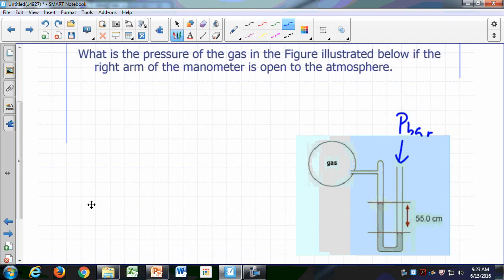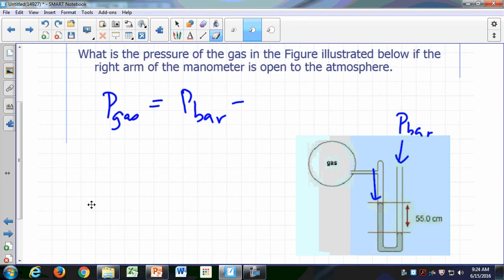Can you estimate the pressure of the gas for me? Is it higher or lower than the barometric pressure? Lower, because the air is pushing harder than the gas. So you subtract the height. What's our height here? 55 centimeters of mercury, assuming we have mercury in there, from the barometric pressure.